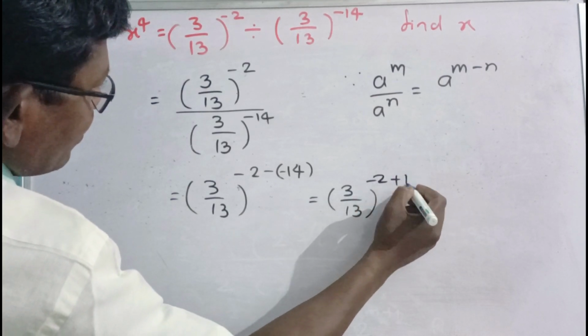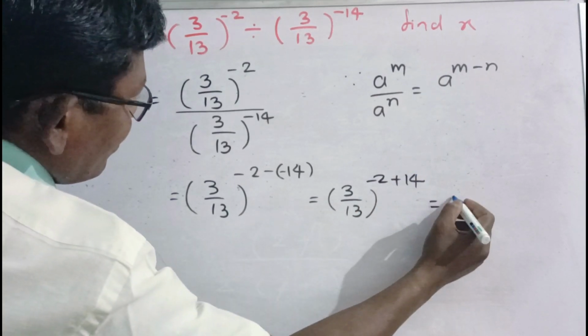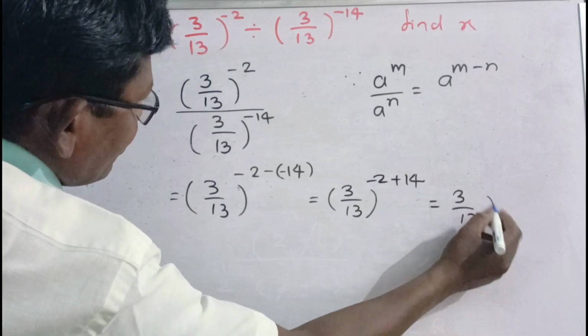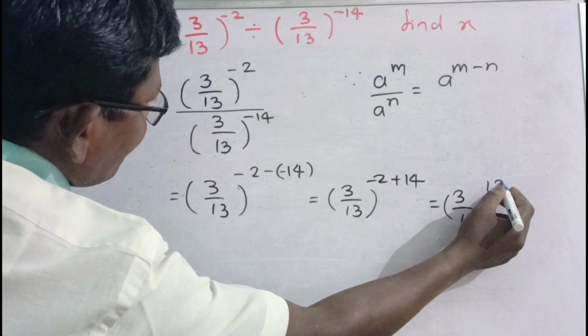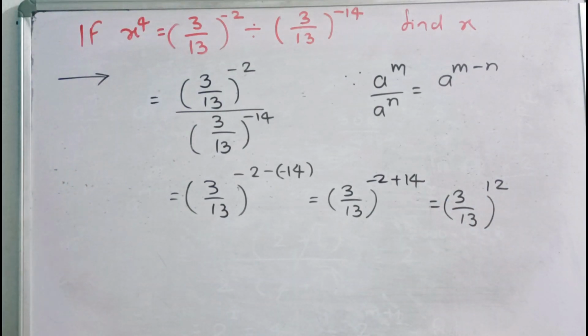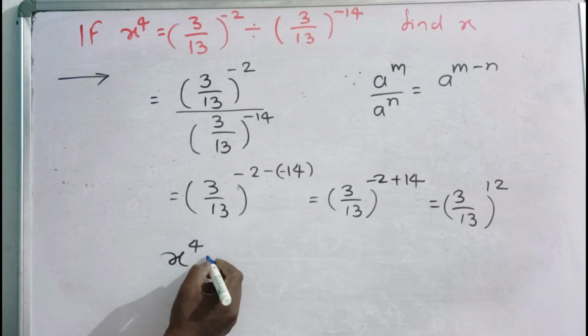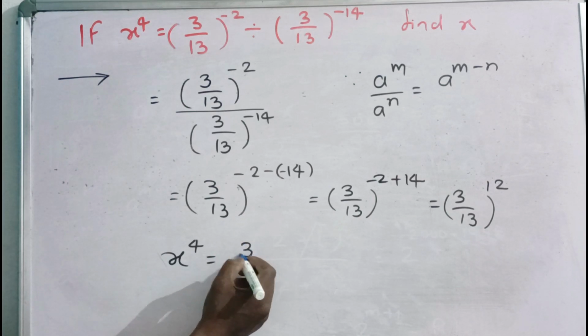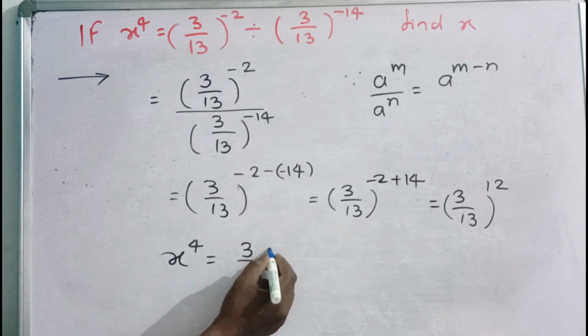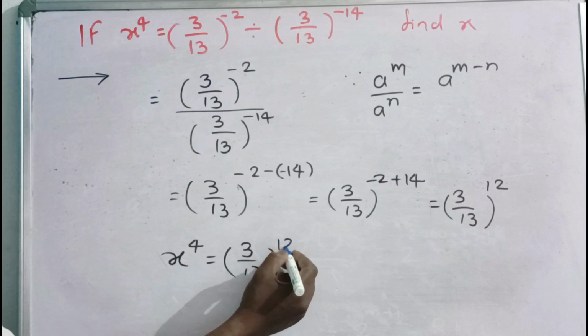Minus 2 plus 14, 3 by 13 raised to the power plus 12. Now, this is the value of x raised to the power 4. What is it? x raised to the power 4 is nothing but 3 by 13 raised to the power 12.